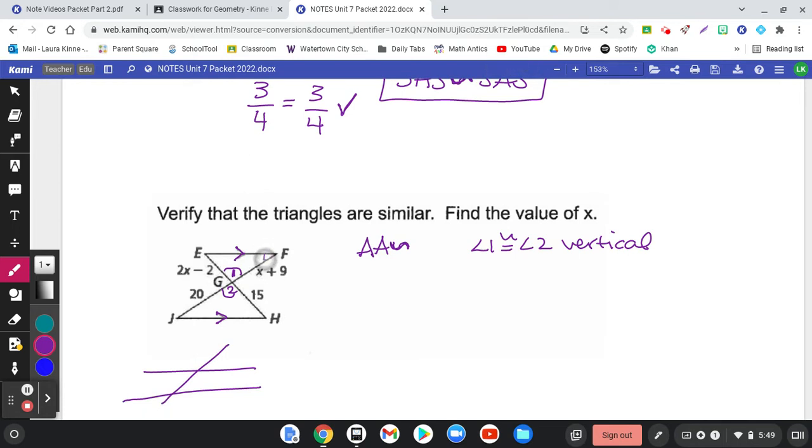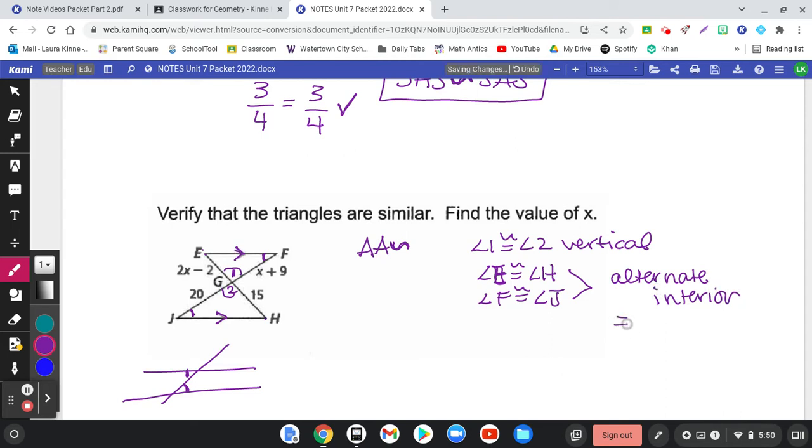Angle F and angle J are congruent because they are alternate interior, same as E and H. So I'm just going to say that angle E is congruent to angle H. Oops, I should probably write E. There we go. And angle F is congruent to angle J because they're alternate interior. When you have alternate interior angles and parallel lines, they're congruent. So it is similar by angle-angle similarity.